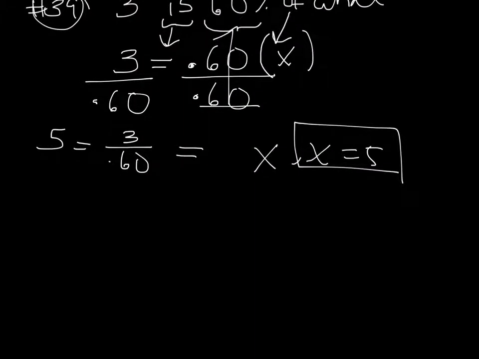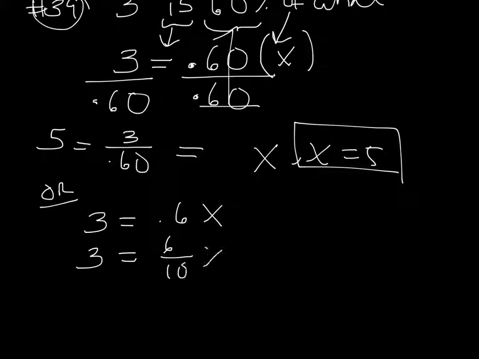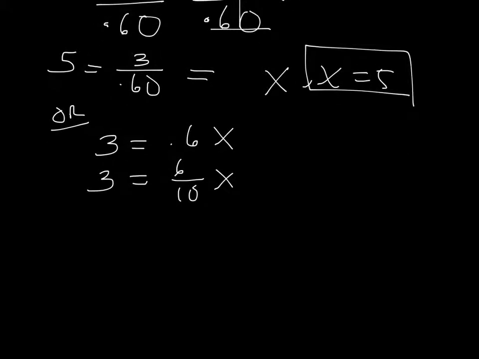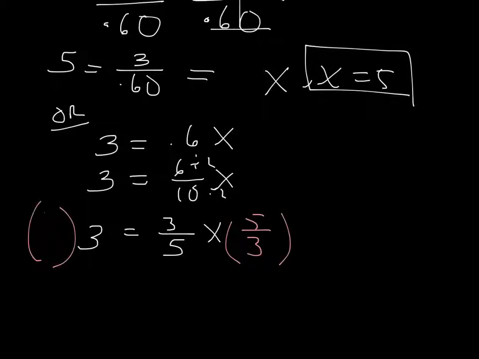just to give you alternative ways, let's see, 3 equals 0.6x. 3 equals, well, 0.6 is the same thing as 6/10, right? And if you reduce 6/10, you can divide top and bottom by 2, which is 3/5 x. And remember, to solve for x, you can multiply by the reciprocal.